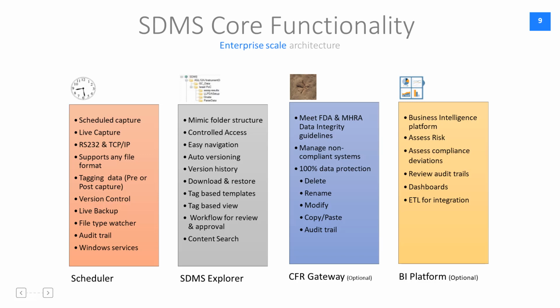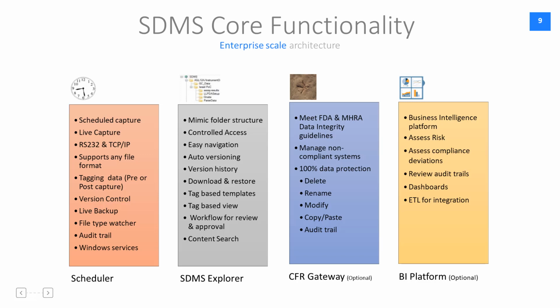Post-tagging is very good for PC-based instruments where the instrument might generate the data file at any point in time. Once the data has been uploaded, users can manually tag the data with appropriate metadata. The scheduler also takes care of version control of data.